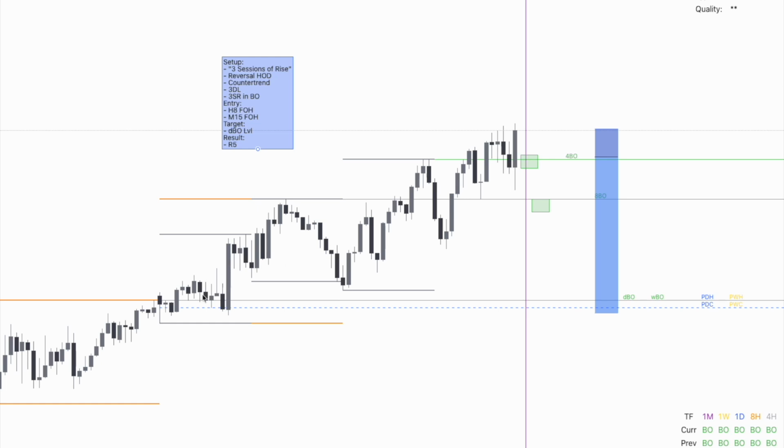So you can potentially look for reversals, and then especially if you have 3 breakouts on the lower time frames. Here you have 3 8-hour of rise, also 3 sessions of rise, Asia, London, New York. Then you can potentially look for reversals end of the day.